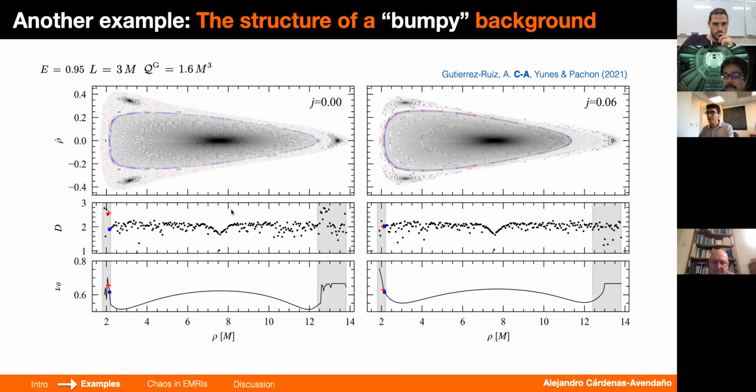But I want to show this because in this example I'm showing, again, the Poincaré surface of section. The red one, this condition is in this chaotic sea. You move a little bit in radius and you end up in a KAM curve that is not broken, so it's completely smooth and chaos is not seen. As you can see, from this location to the other one, one is chaotic, the other one is not.